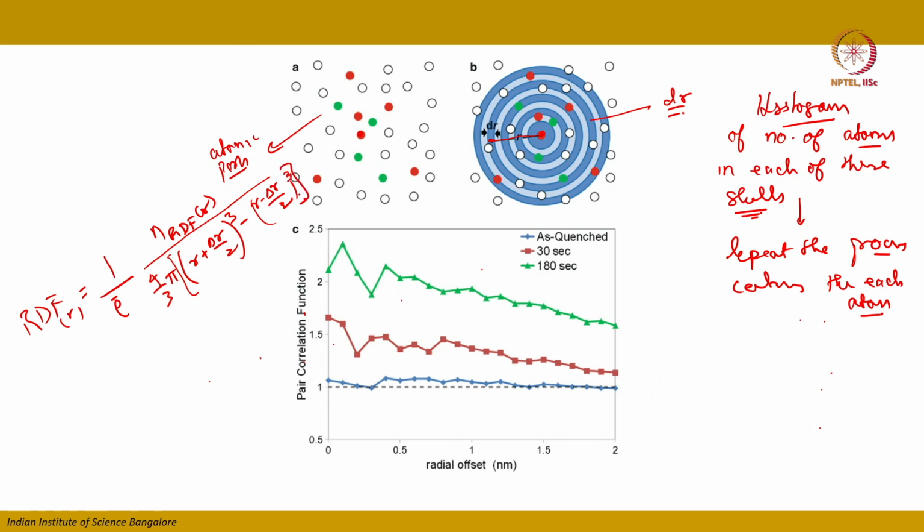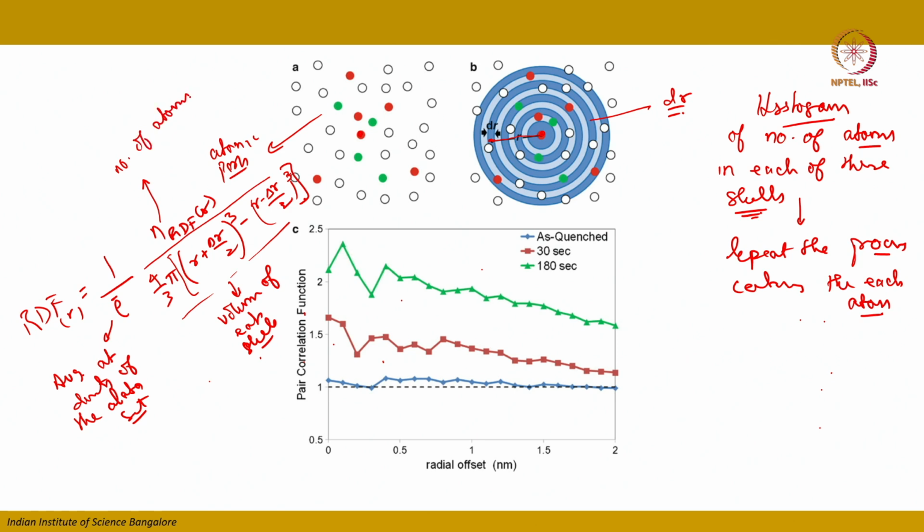This denominator is the volume of each shell, and rho is the average atomic density of the data set, and N_RDF is the number of atoms in the shell at a distance r around each atom.